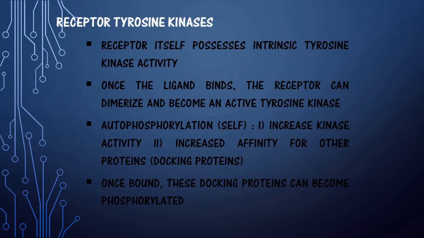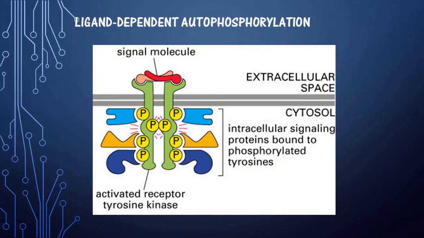Activation leads to autophosphorylation, or self-phosphorylation, where tyrosine in the protein is phosphorylated to a phosphotyrosine. This increases kinase activity, and there is an increased affinity for other proteins also. Once bound, these docking proteins can become phosphorylated. This is an example of ligand dependent autophosphorylation.